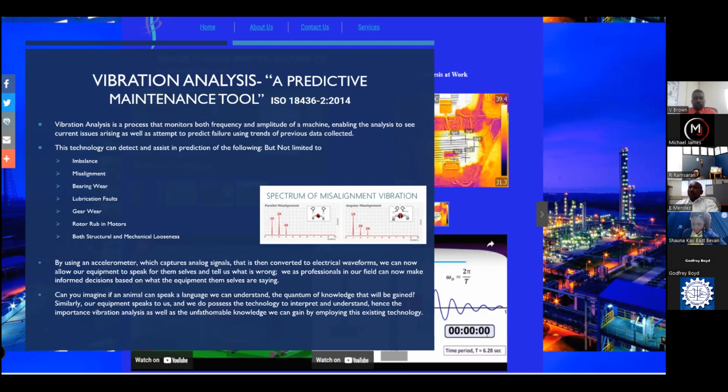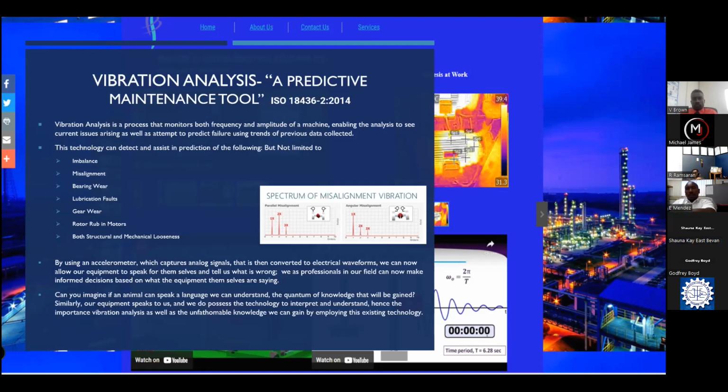By using an accelerometer, which captures analog signals that are then converted into electrical waveforms, we can now allow equipment to speak for themselves and tell us what is wrong. As professionals in our field, we can now make informed decisions based on what the equipment is saying for themselves. Can you imagine if an animal could speak?